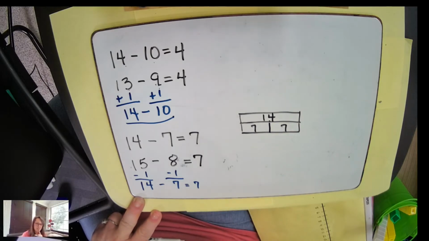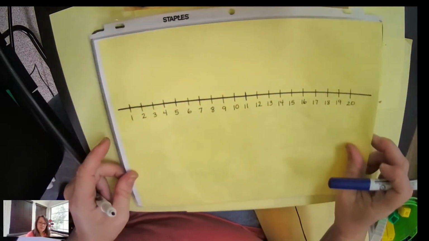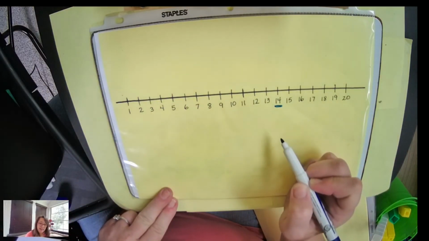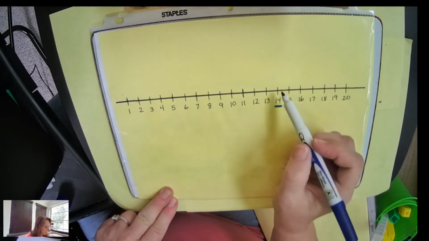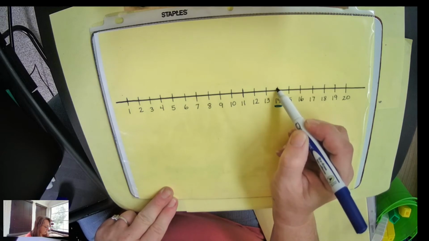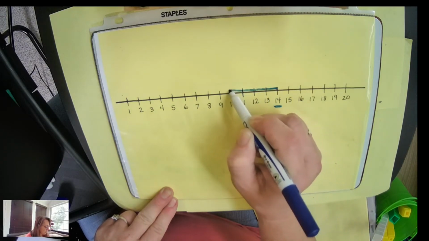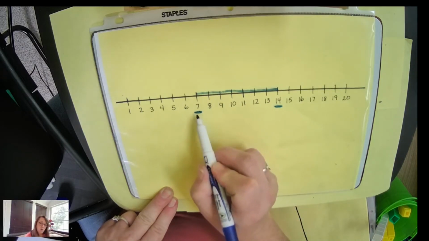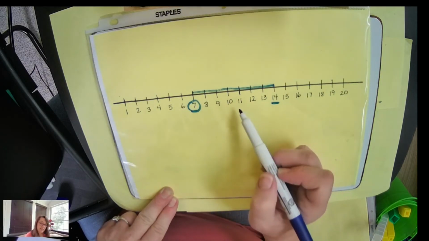Let's test this, should we? Okay. So the first problem that we looked at was a doubles fact. And it was 14 minus 7. Let's try that. 14 minus 7: minus 1, 2, 3, 4, 5, 6, 7. 14 minus 7 equals 7.